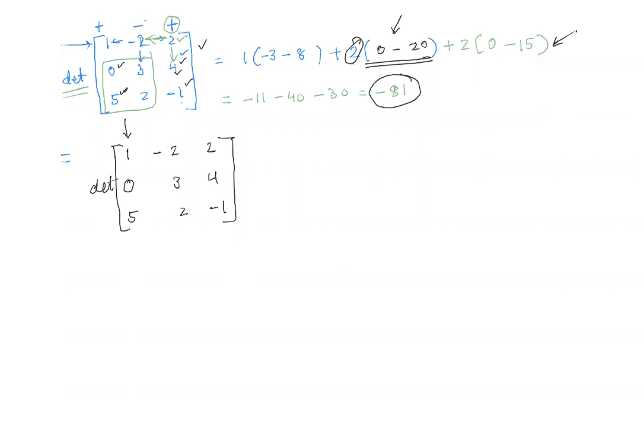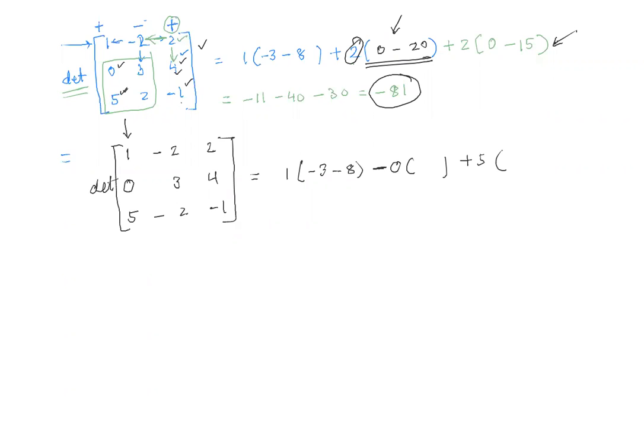All right, so let's try it. I'm going to do it. So 1, is it going to have a positive or negative sign? Positive. If I take away the first row and first column, I'll be left with this portion only. So it's going to give me -3 minus 4 times 2 is 8. Then minus 0, but 0 times whatever is going to be 0. And the last one is 5.